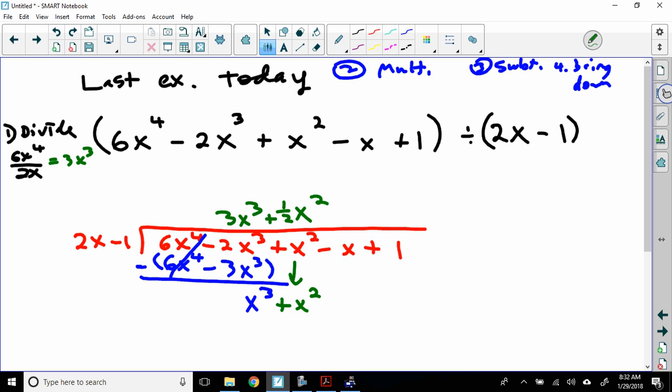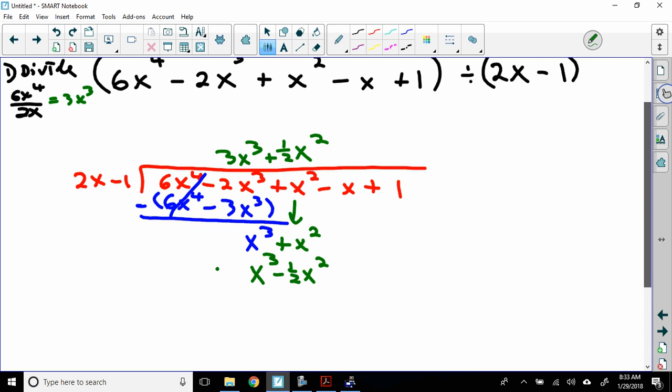So 1/2 times 2 is 1, and x squared times x is x cubed, so that's going to be x cubed. A half times 1 is a half, that's going to be minus 1/2 x squared. And I'm going to go ahead and subtract.